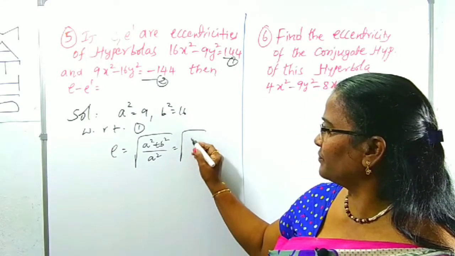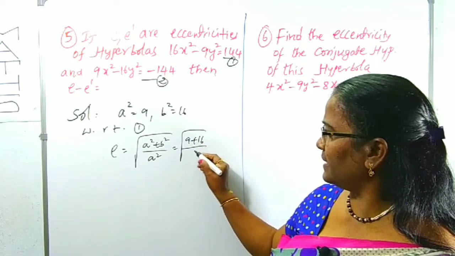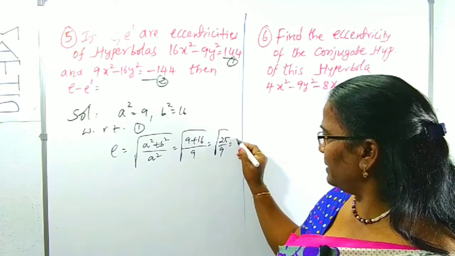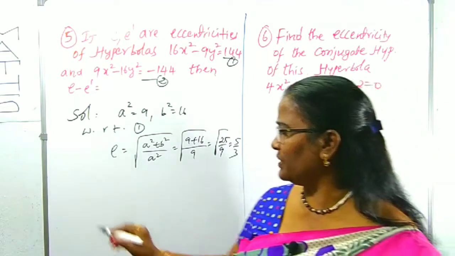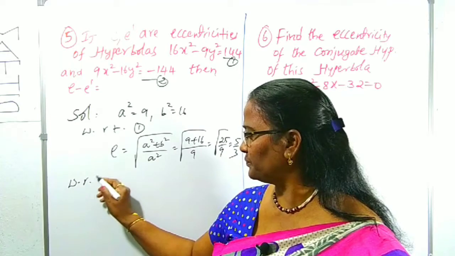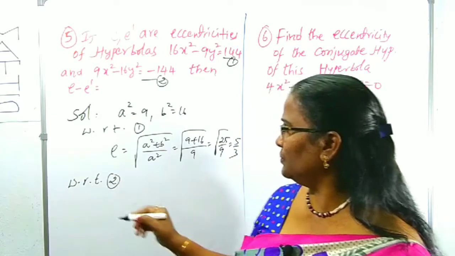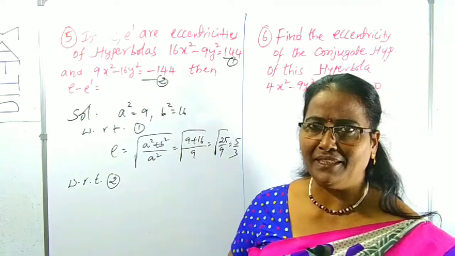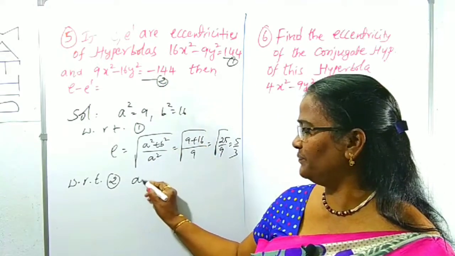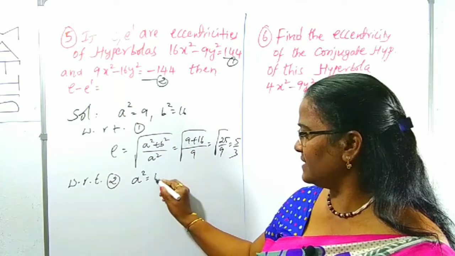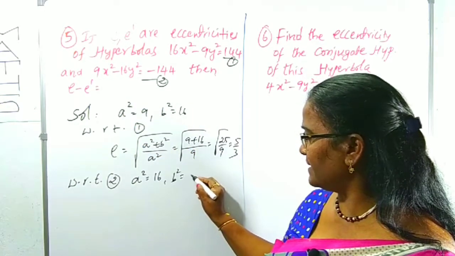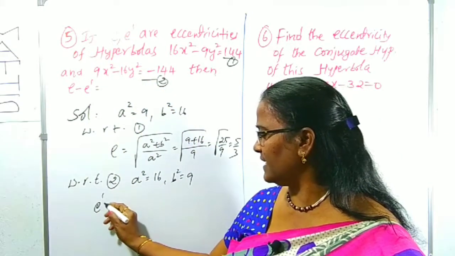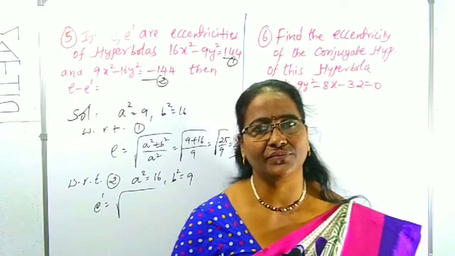That is clearly root over (9 plus 16) by 9, which is root over 25 by 9, simply 5 by 3. Now with respect to equation 2, which hyperbola is this? Conjugate hyperbola, because the constant is negative. Now what is a square? a square is 16, b square is 9, and e dash is its eccentricity. e dash is root over, what is that?